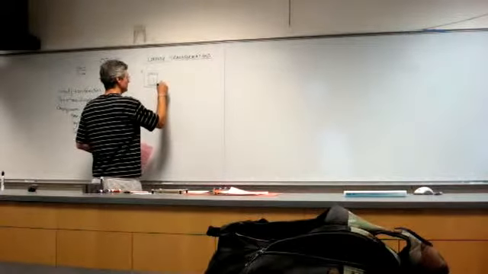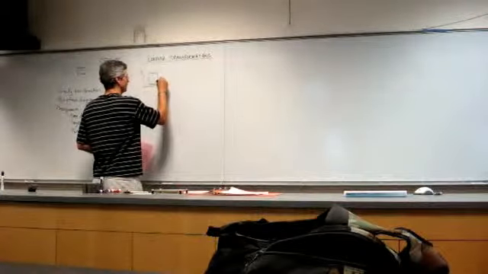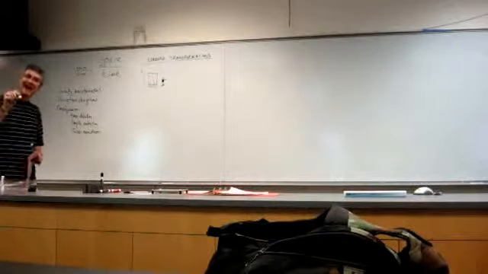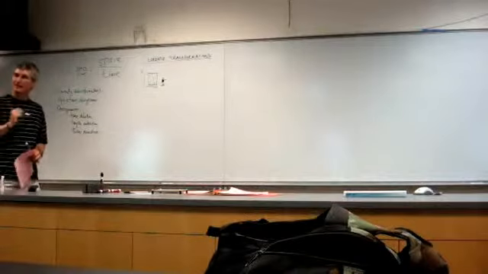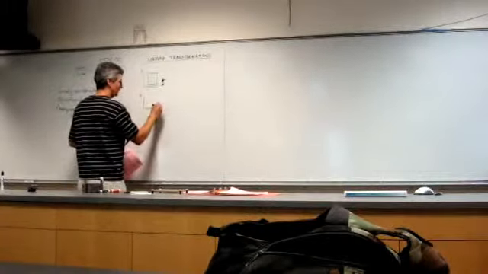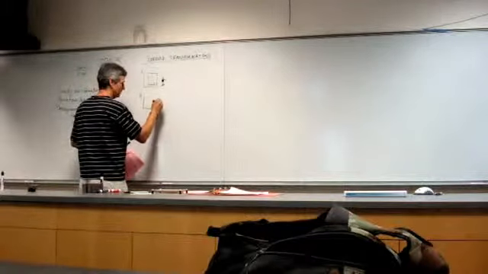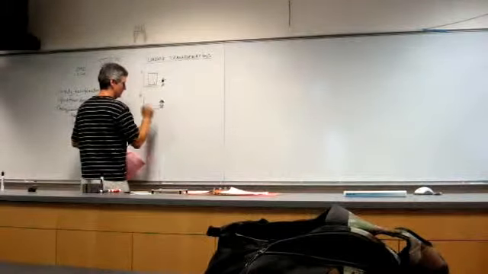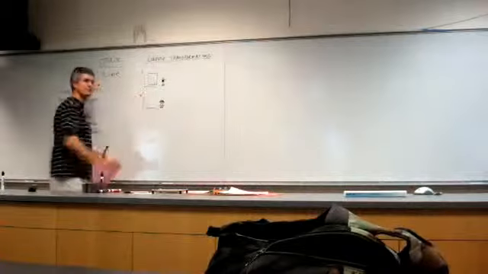And so I'm going to have some observer in the S frame. And then I'm going to have a second observer not with the light clock. And that frame is going to be S prime.